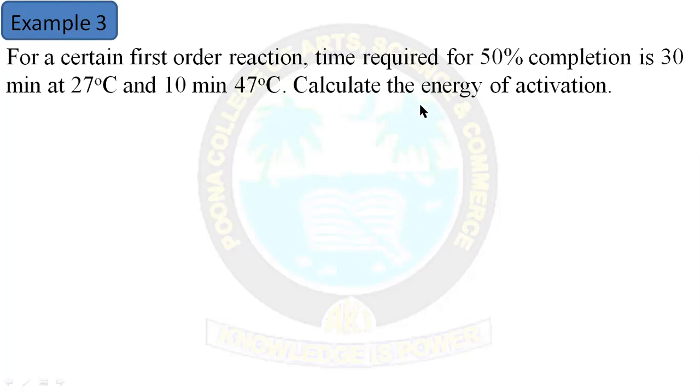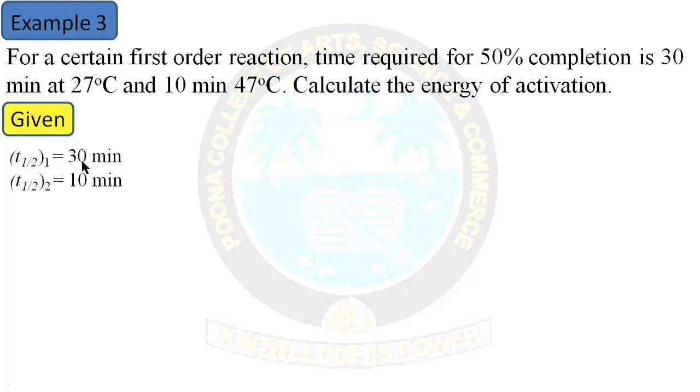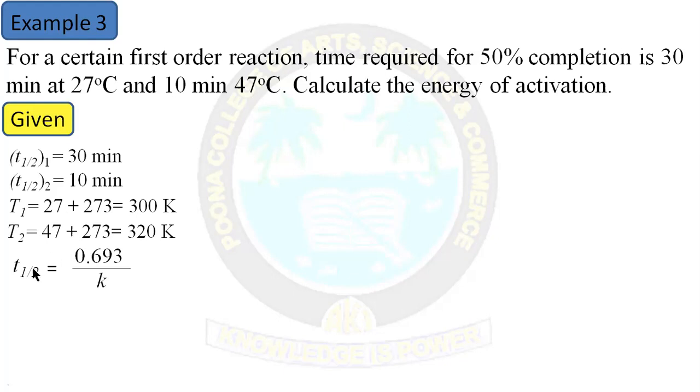And you have to calculate the energy of activation. Again, let's write down the given. T half 1 is given, T half 2 is given, temperature 1 is converted into Kelvin, temperature 2 is converted into Kelvin. We know that for a first order reaction, half-life is related to the rate constant by this equation.